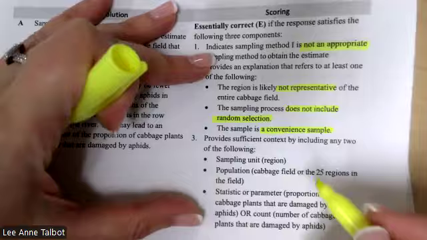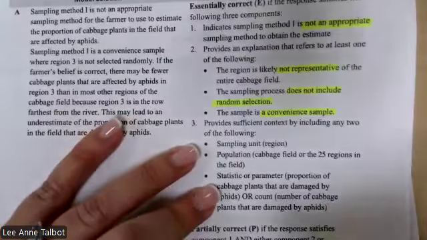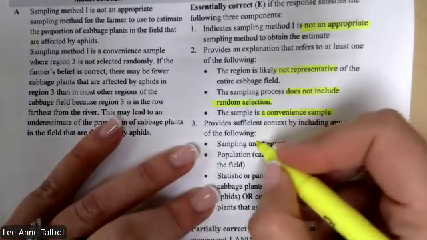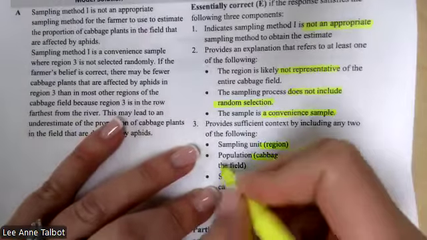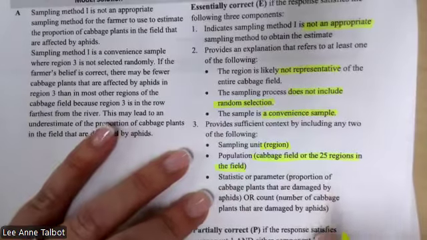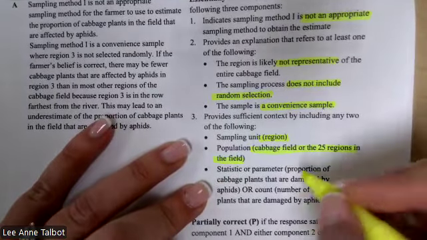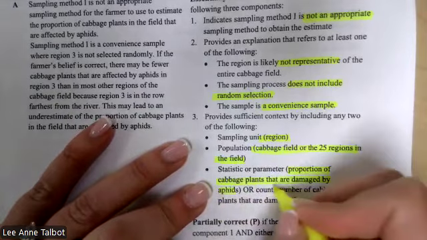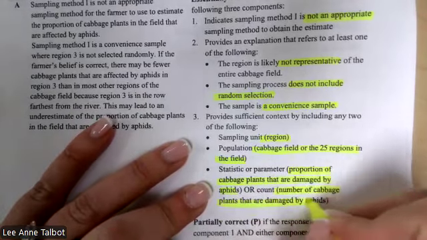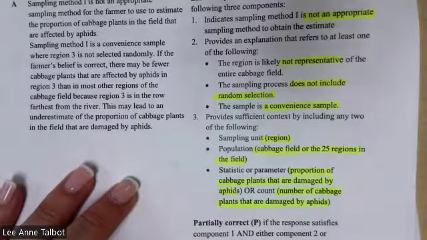And number 3, you need to include 2 of the following. You need to say something about regions, something about cabbage fields, or 25 regions in the field, or something about cabbage plants damaged by aphids. So there's your context part.